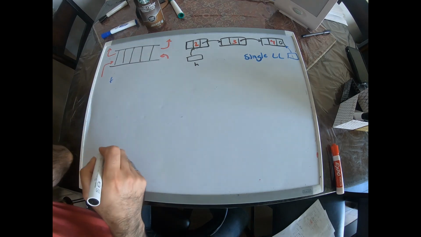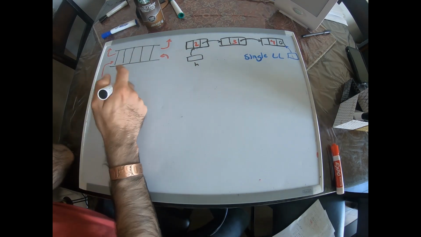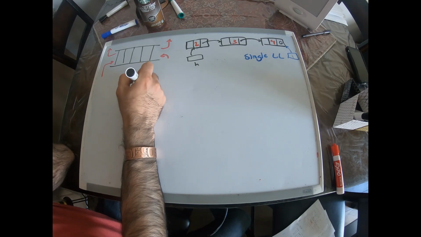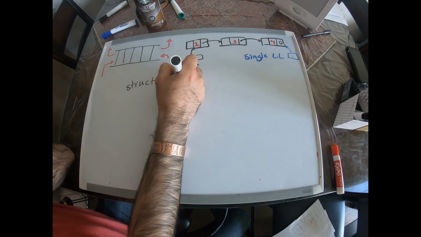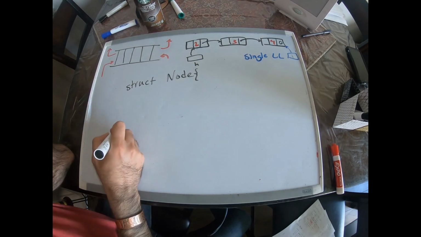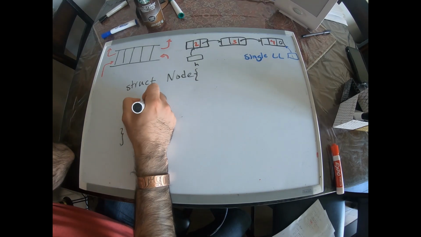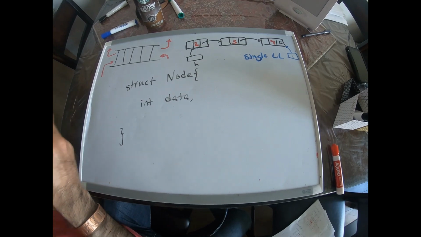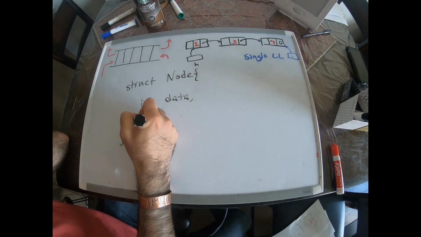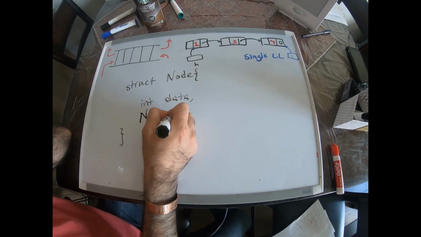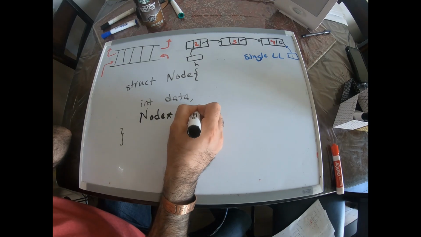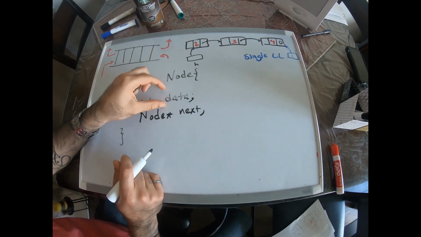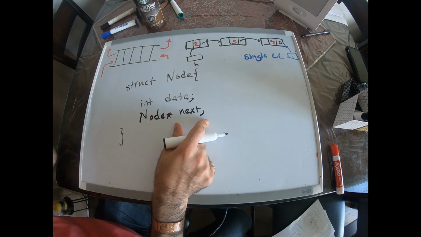So what is a doubly linked list? This is what we had in the single linked list: integer data and node star next. We had one data part, one pointer part.